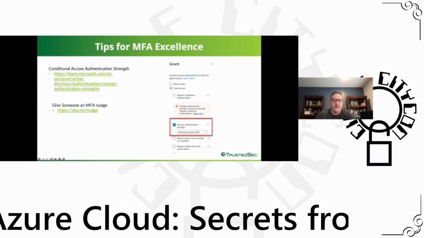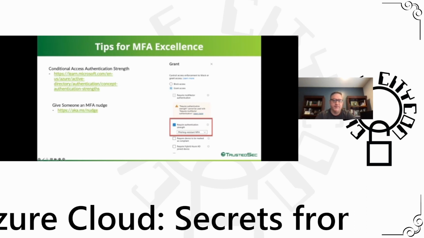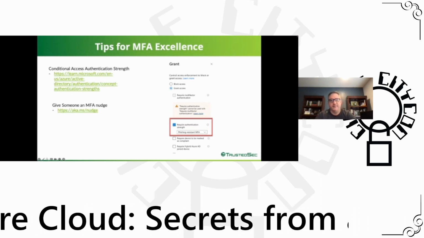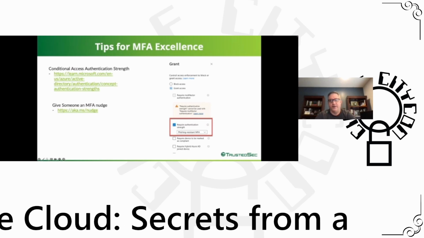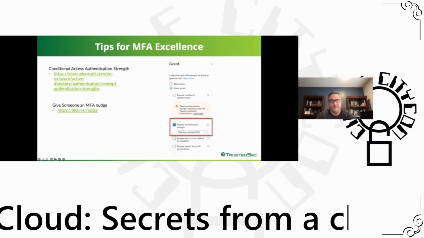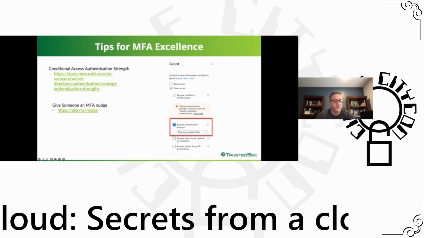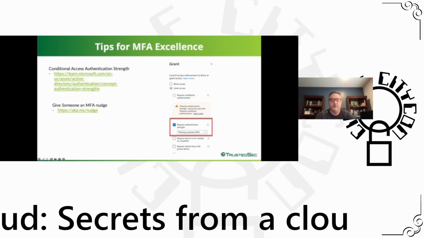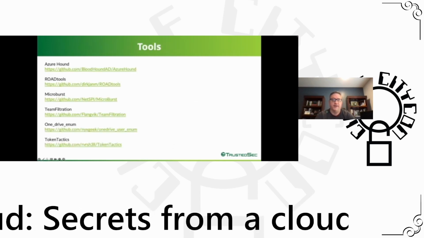There is an option for phishing resistant MFA as well for conditional access. So that's something that you can look at too. If you want somebody to have phishing resistant MFA before they get into the Azure AD Management portal, you can look into doing that type of stuff as well.